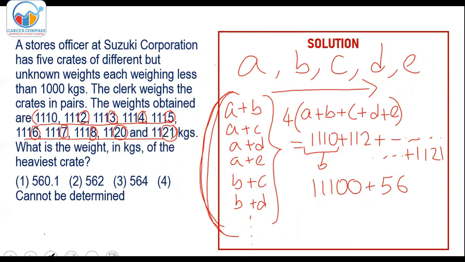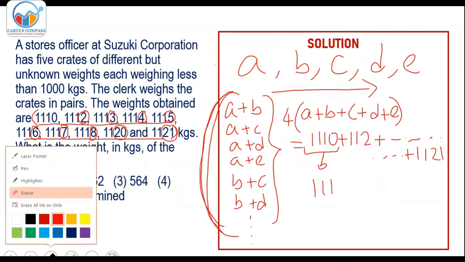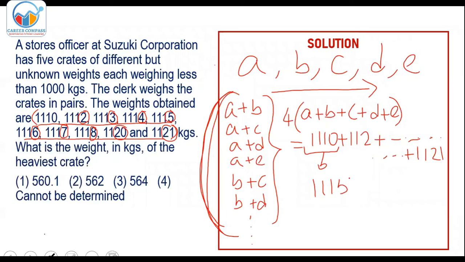So I hope you understood that I have taken the difference from 1110 for all the other numbers and I have added. So my addition will be 11156, right? So my addition will be 11156.